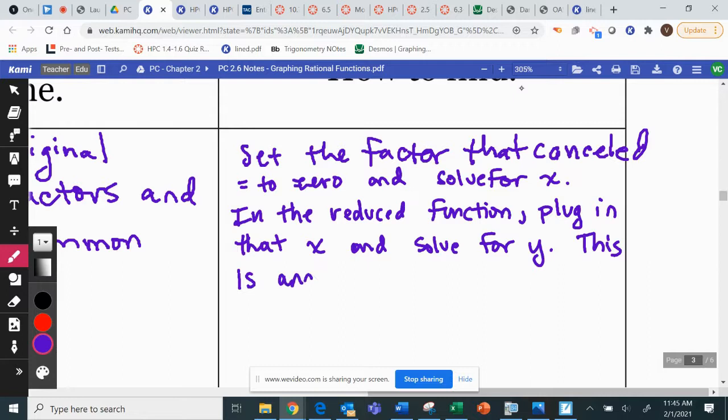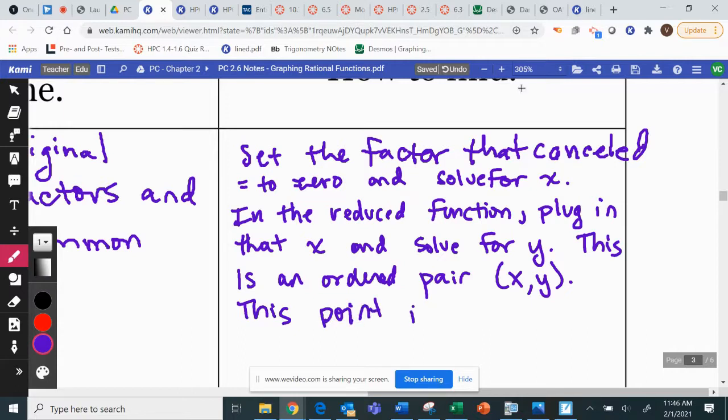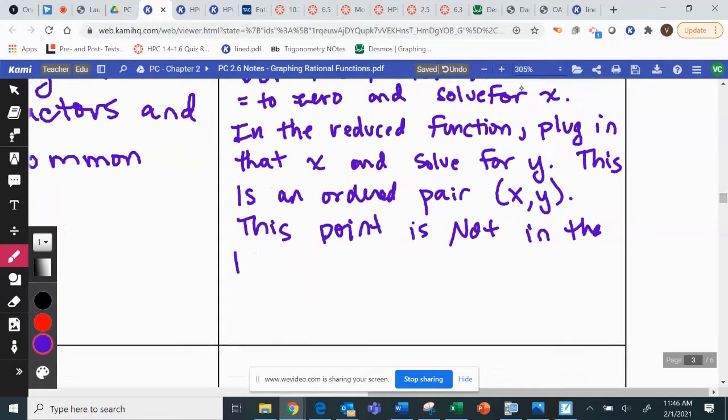This is an ordered pair. This point is not in the domain or range.